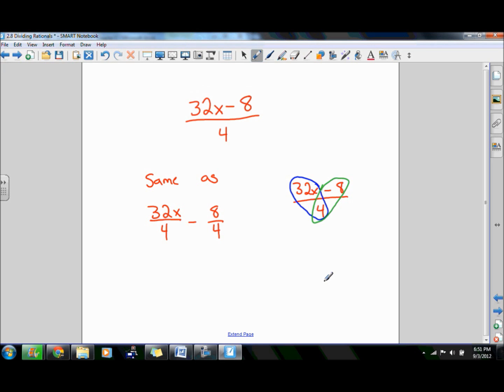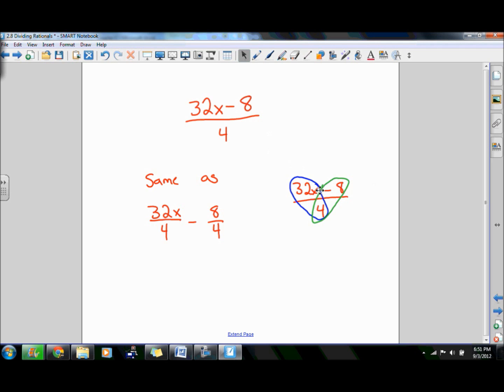A topic I really enjoy teaching is we call this the heart method. Okay, we have a problem like this on the top. 32x minus 8, and it's all divided by 4. What we do is we take that 4, and it's like we're distributing it to each term, except distributing it as a division sign.